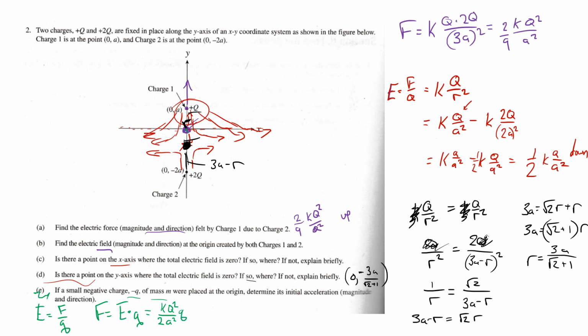So that's the force. And how do you figure out the acceleration? You're just going to divide by m, because F is equal to ma, you've ever heard of that one. So kq squared times little q, divided by 2a squared m. And that's it for that.